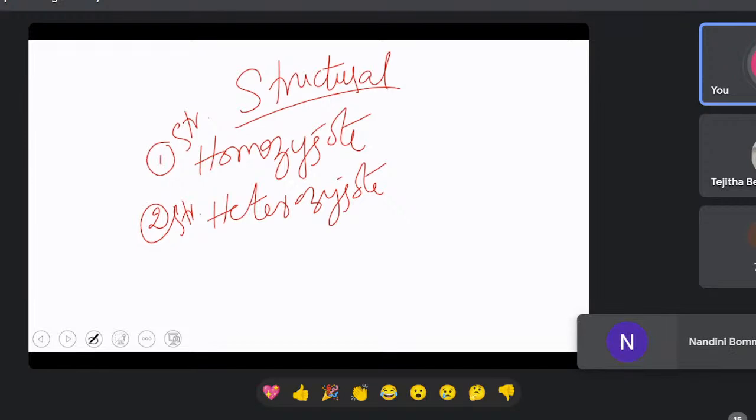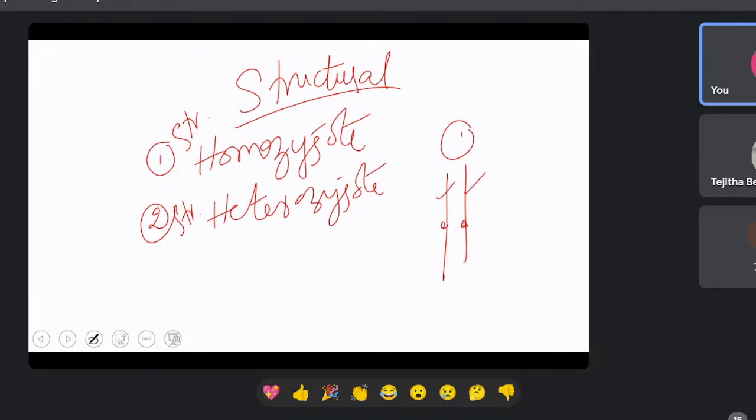What happens in a structural homozygote: both the chromosomes of a pair, if they are affected, then it is a structural homozygote. If only one of the pair of chromosomes is affected, then it is called a structural heterozygote.